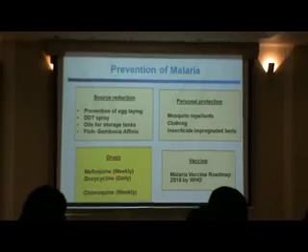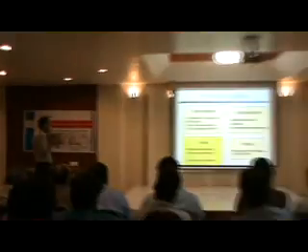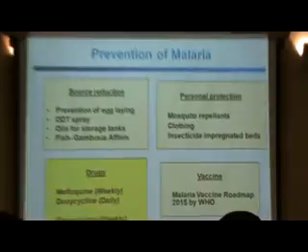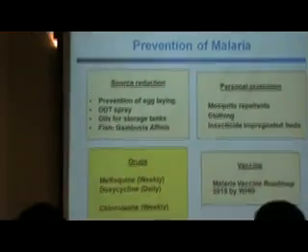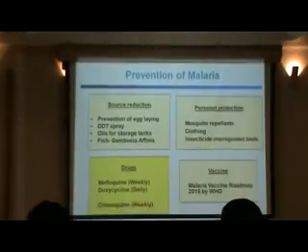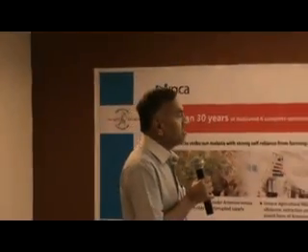The drugs which are available to treat and prevent malaria are mefloquine, doxycycline, and chloroquine on a weekly basis. As far as the vaccine is concerned, a malaria vaccine for human use has not been found yet.